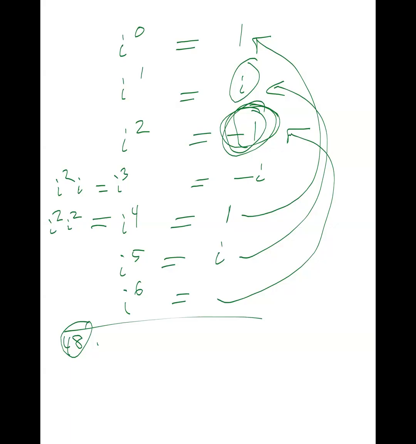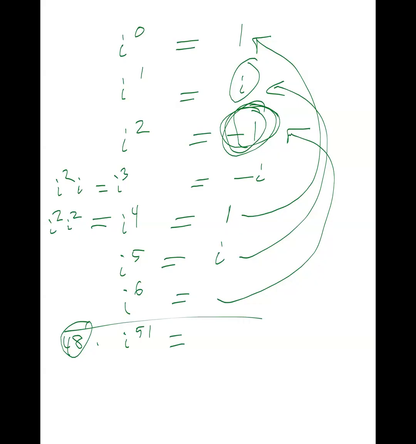Wouldn't that be cool? So i to the 51 power equals, wow, that's a huge number. So first of all, how many times does 4 go into 51? Well, it doesn't go into 51, but it goes into 48, right? So every time it goes in 4 times, it just cancels out.